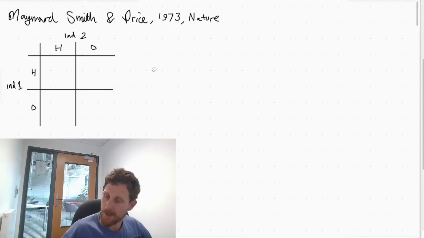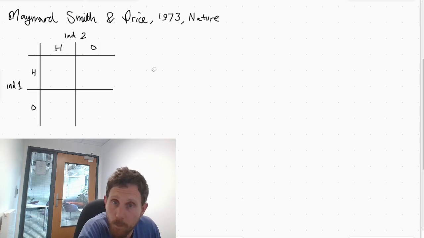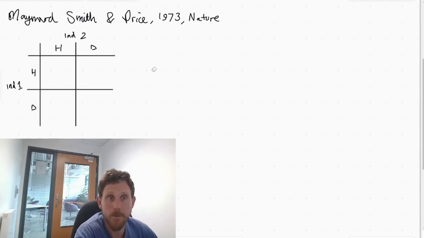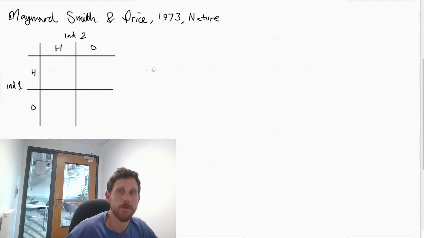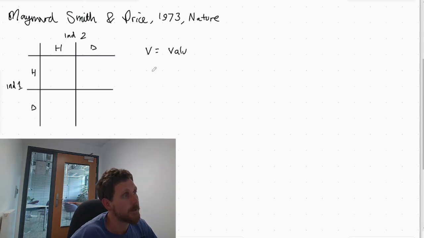So when Maynard Smith and Price came along and proposed an individually consistent model, people listened. Their hawk-dove model works like this. It involves two strategies, hawk and dove, where they have a valuable resource, V. So this is a quantity that they are competing over.